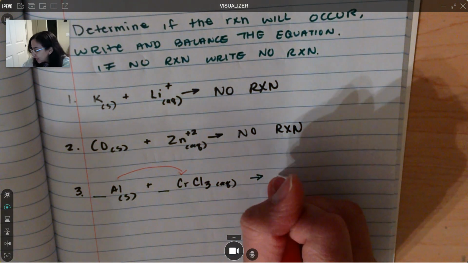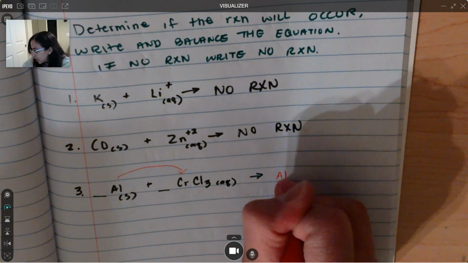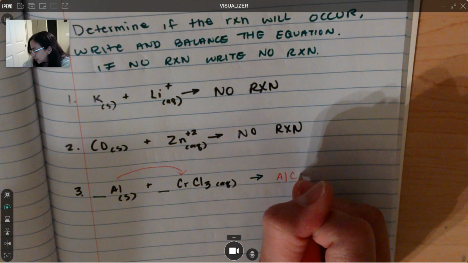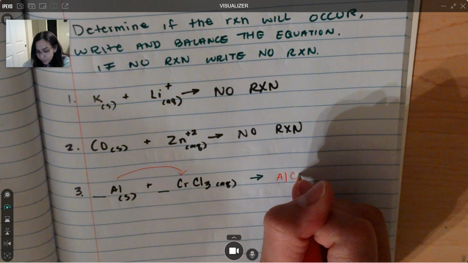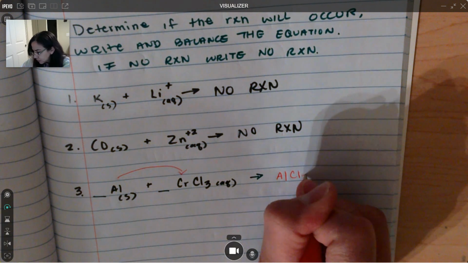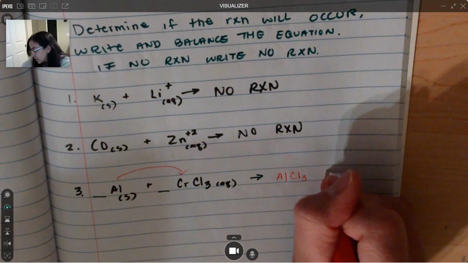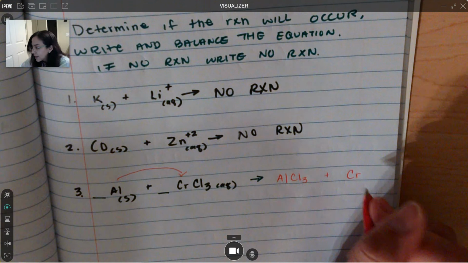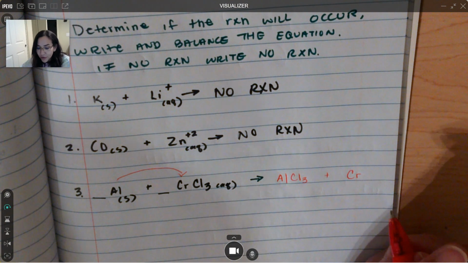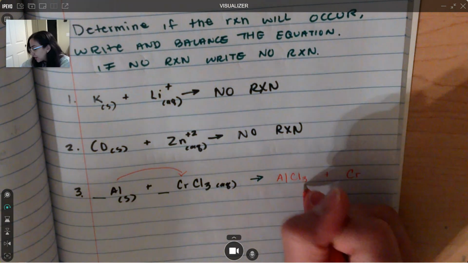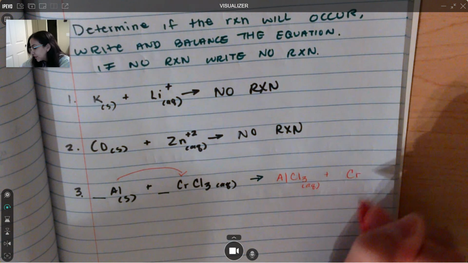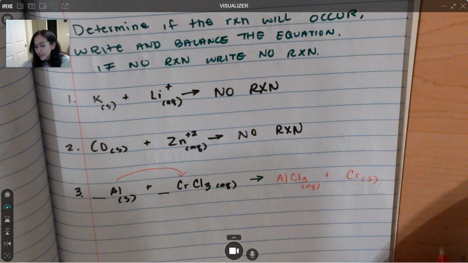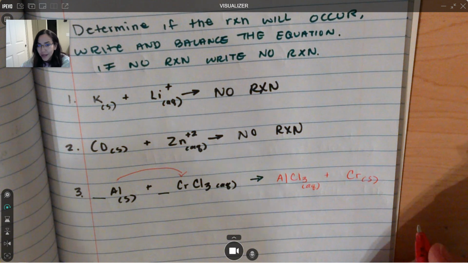And you're going to end up with aluminum chloride plus chromium. Okay. Now we also have to figure out the states of matter of these. Aluminum chloride reacted, so it's going to be our aqueous. Chromium doesn't really react on its own. It got separated, it got kicked out.